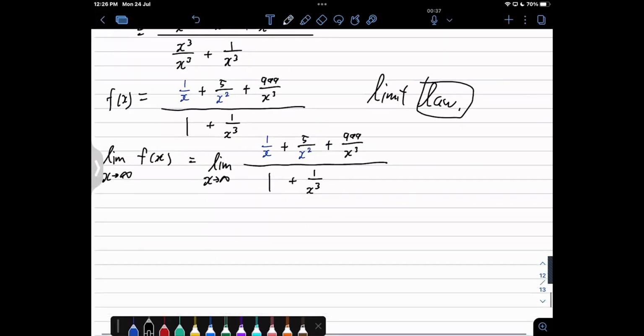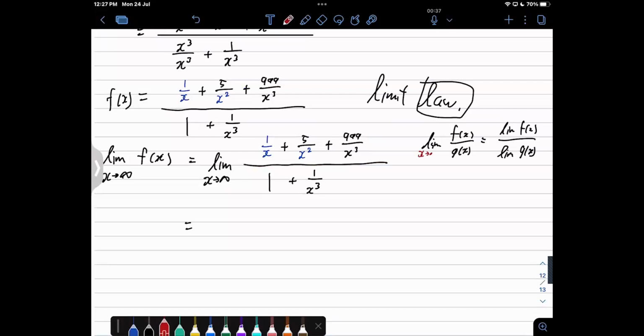One of the laws says that when you have a division, the limit of the top divided by the bottom is the limit of the top divided by the limit of the bottom. Or in other words, the limit of f of x over g of x equals the limit of f of x divided by the limit of g of x, where x approaches infinity.